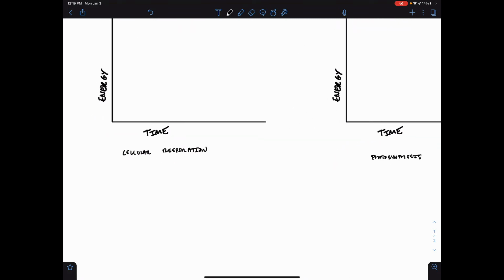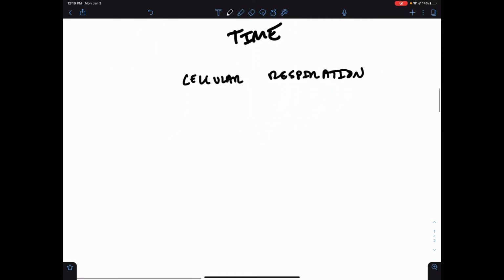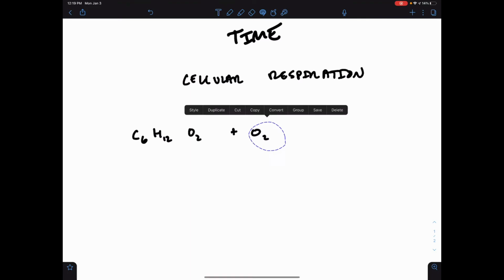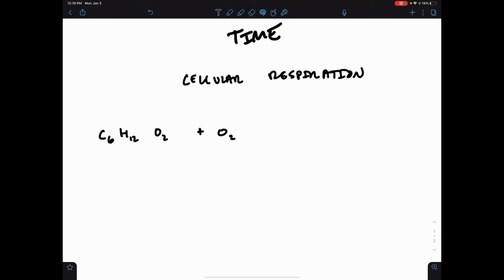But just to give you a sense of what's happening in each of them, they actually both have the same chemical formula, but kind of palindromic or inverse of one another. So they both start out with glucose, C6H12O6. I guess they don't both start out. Cellular respiration starts out with glucose and oxygen. I'm going to give you here the unbalanced chemical equation for cellular respiration.